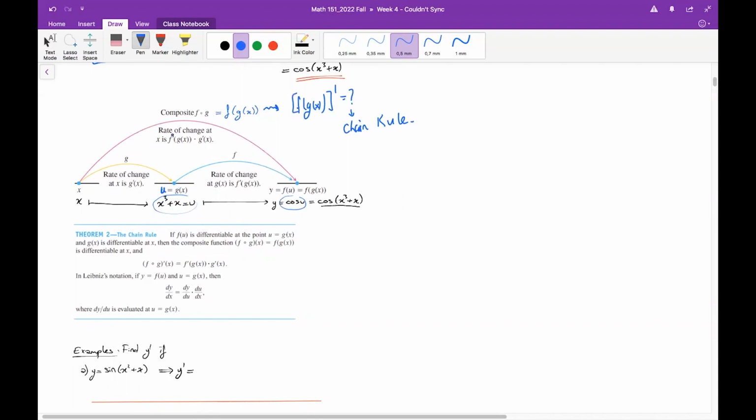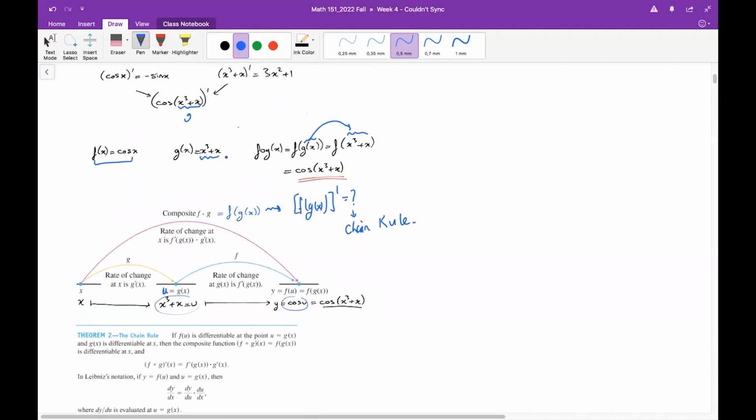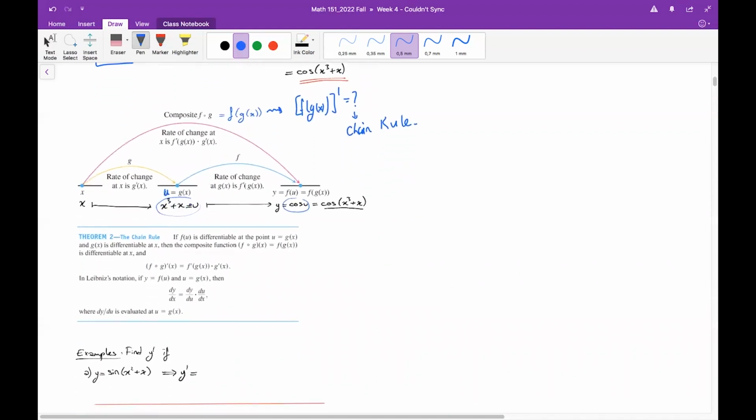Then this u is mapped to the image of u by f. So f of u is the final image where u is g of x, right? So the y function is defined as cosine u, then you insert u as this expression to find the composition function. We covered this diagram before.